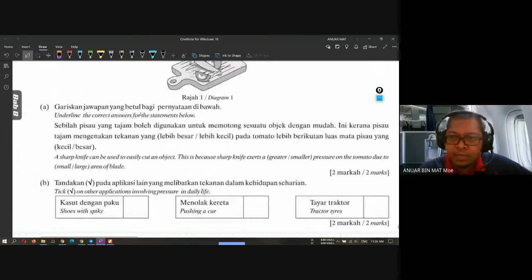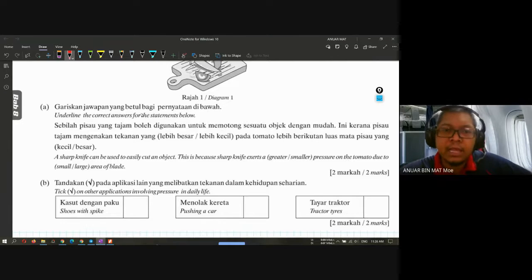I think you can answer it very well. A sharp knife can be used easily to cut an object, of course. Okay, I can understand that.